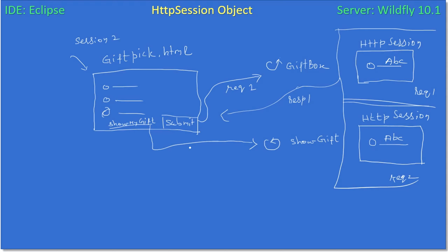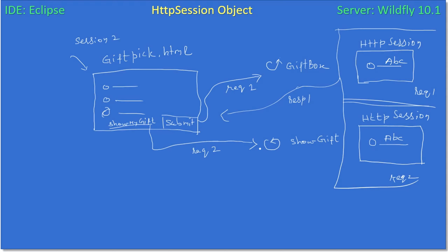So using the show gift link, they navigate through a different servlet, the show gift servlet, and this will have the second request object. We know that when a servlet is serving, it receives a request and response, right? So this is request 1 for the giftbox servlet, but this is a request for the show gift servlet, and this request object is different from the previous one.